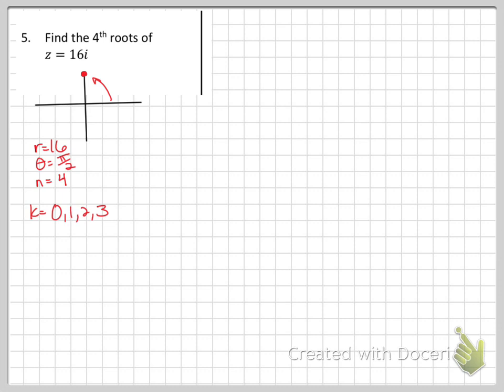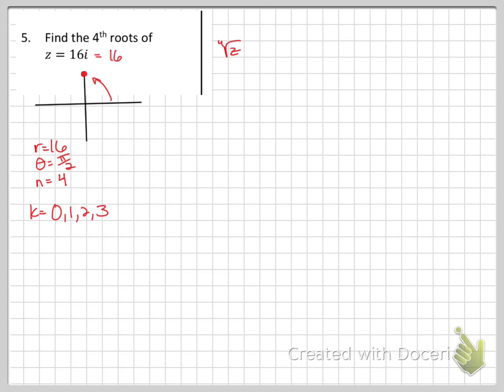Okay, let's plug it into our formula. We are doing the fourth roots of 16i. Instead of writing the 16i there, I want to write z. Fourth root of z. Z was this, but then we just changed it.